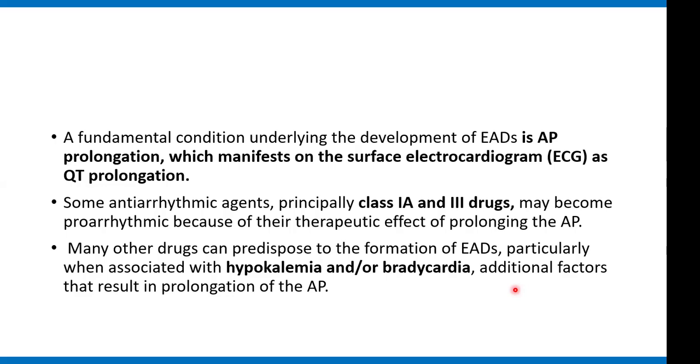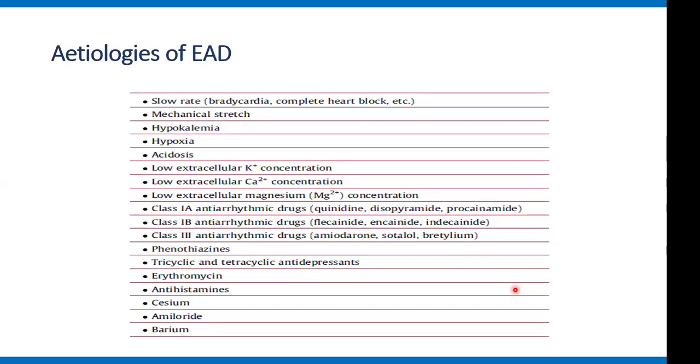So the class 1A and the class 3 typically can do that. Other conditions that lead to bradycardias, like hypokalemia, can also do that. Long QT syndrome can also do that. These are other etiologies that we have. So quite a lot of conditions can do that, and all these affect the prolongation or the length of the cardiac action potential.